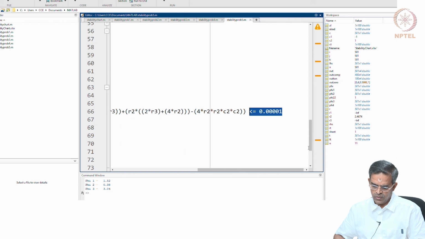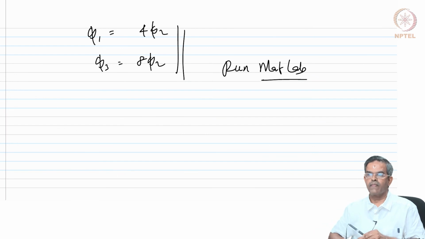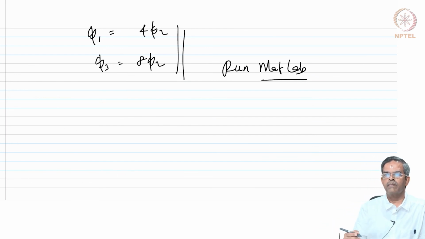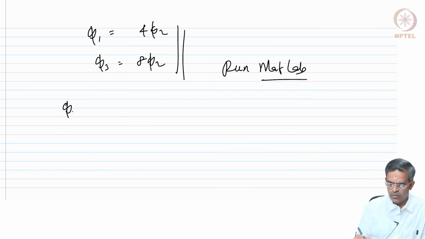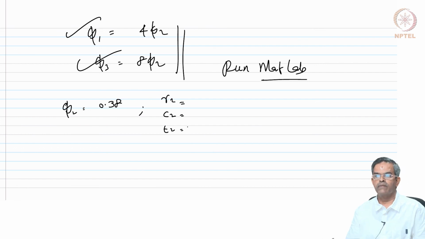So, let us say phi 2 is 0.38 and phi 1 and phi 3 can be obtained, okay. I will minimize this. I can now say phi 2 is 0.38, I can find phi 1 and phi 3, does not matter. So, for this I get R2, C2 and T2. Okay.